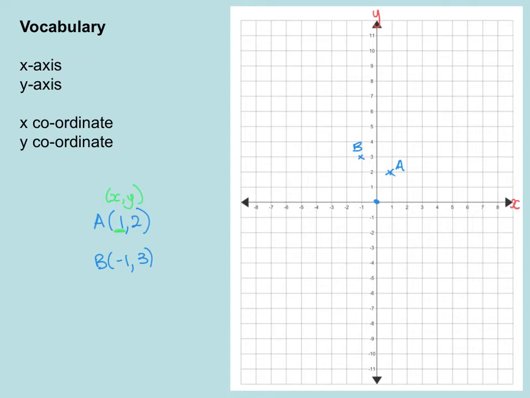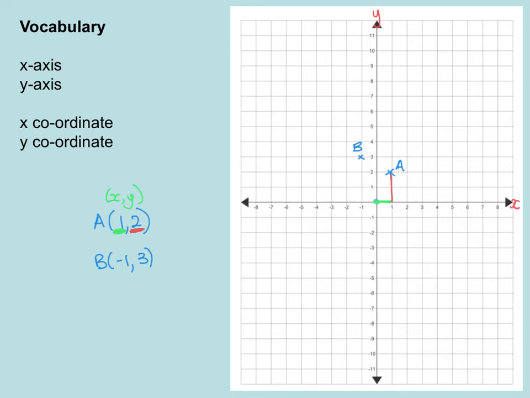When I was doing the point for A, I started at the centre and I went along 1 on the x-axis. Then the next number was for the y. Y's up. Sometimes we'll have to go down though, and we go up 2 that way. The number 1, which I've got underlined in green, is our x coordinate, and our number 2, which I've underlined in red, is what we call our y coordinate.